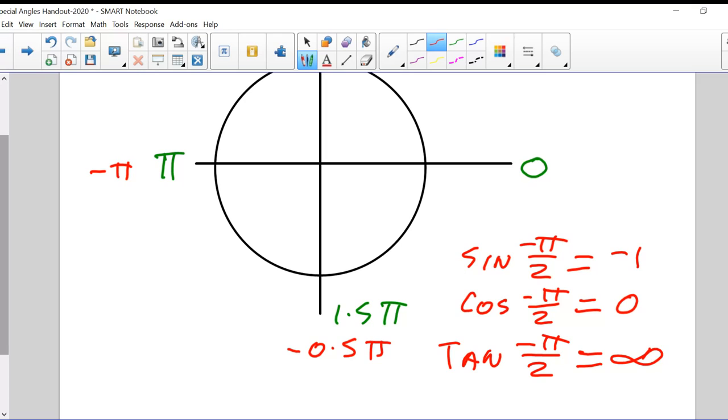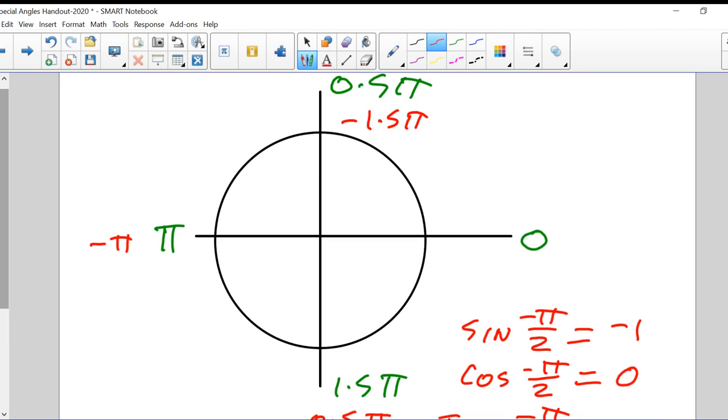The negative side of the y-axis, yeah? Let's think about it this way, right? If I was going in a counterclockwise direction, starting off at 0 again, then half a pi takes me up to the positive side of the y-axis, correct?